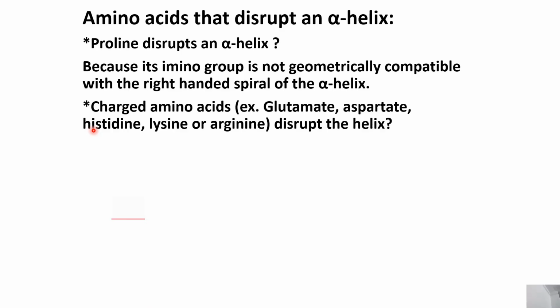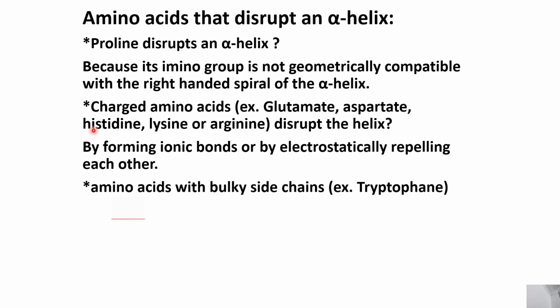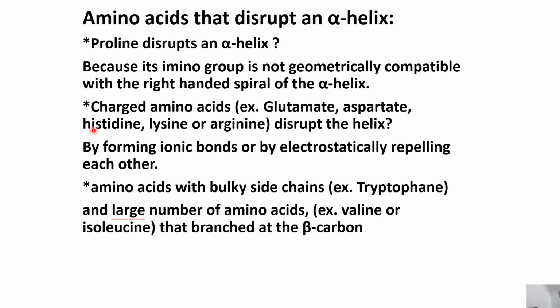Charged amino acids disrupt the helix, like glutamate, aspartate, histidine, lysine, or arginine, by forming ionic bonds or by electrostatically repelling each other. Amino acids with bulky side chains like tryptophan, and a large number of amino acids, for example valine or isoleucine, that branch at the beta carbon, can interfere with the formation of the alpha helix.